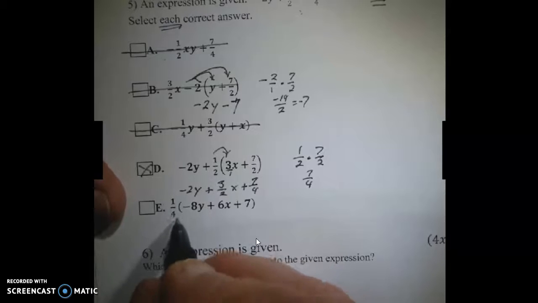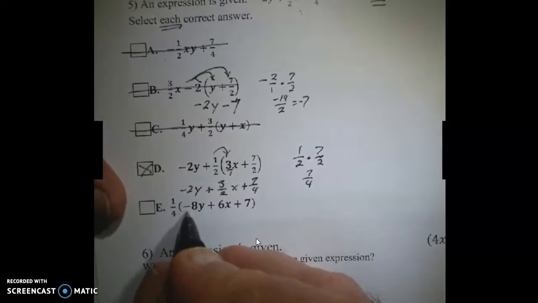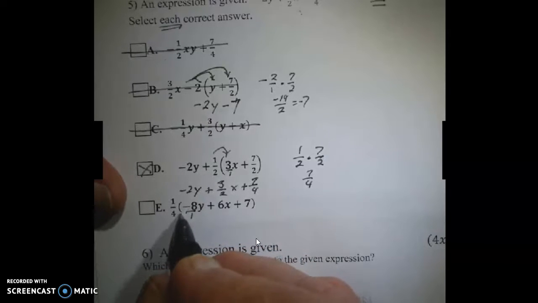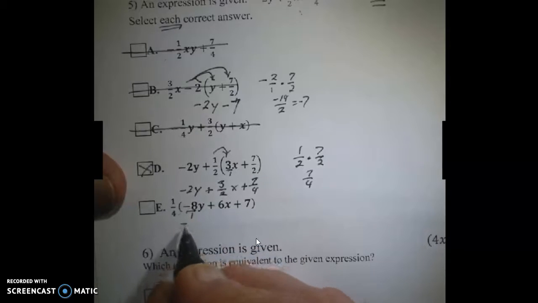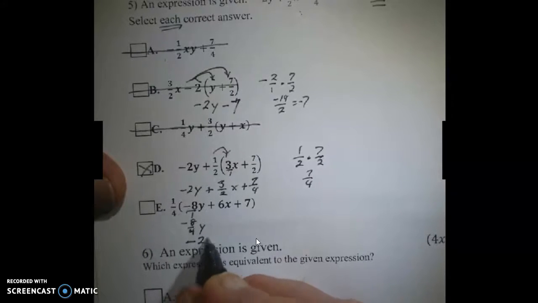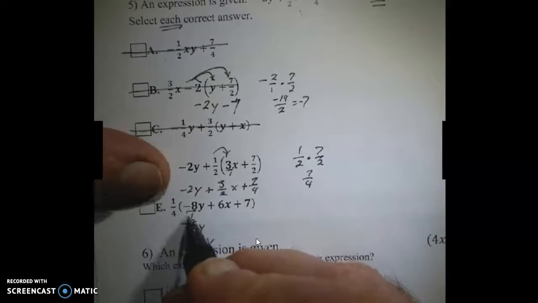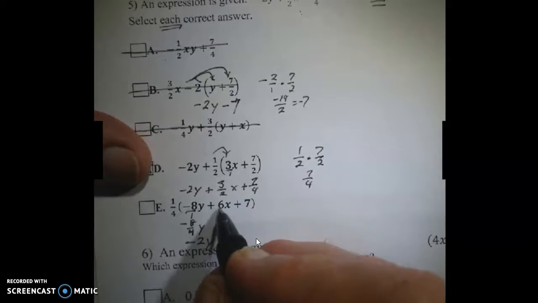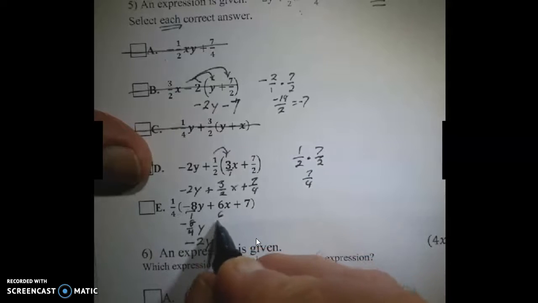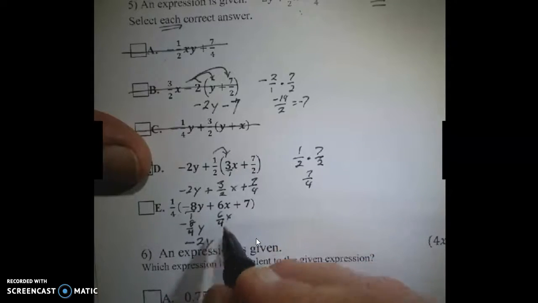Answer E, 1/4 times negative 8. You could put a 1 under this. That would give you negative 8 fourths, which does reduce. 4 would go into 8 2 times. That is negative 2y, so that part matches. 1/4 times 6x is going to be 6 fourths x.